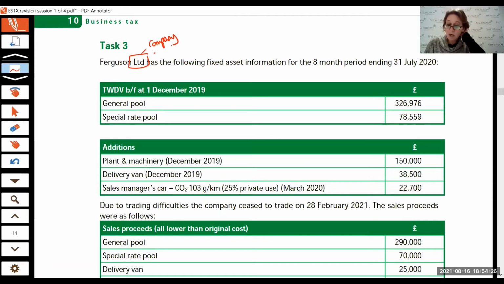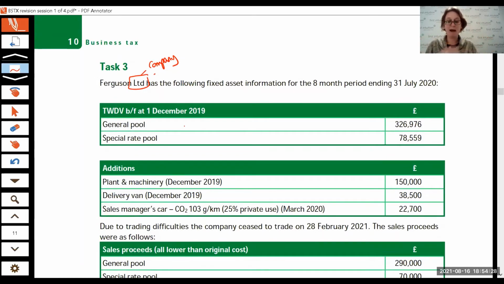And when I'm dealing with a company, a few things spring to mind. I know that I can't have a period that exceeds 12 months. So we've got a maximum of a 12-month period. And I know also that there is going to be no private use adjustments because companies can't use assets. So there's already a few things that spring into my mind when I read the phrase LTD.